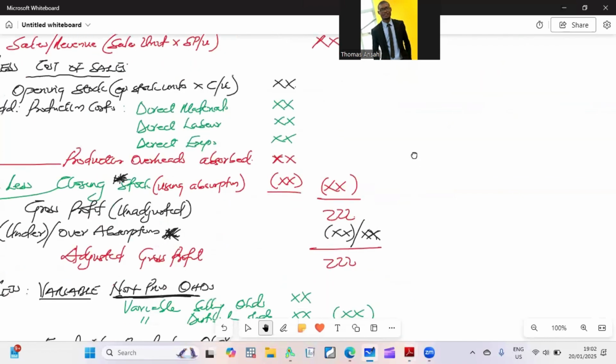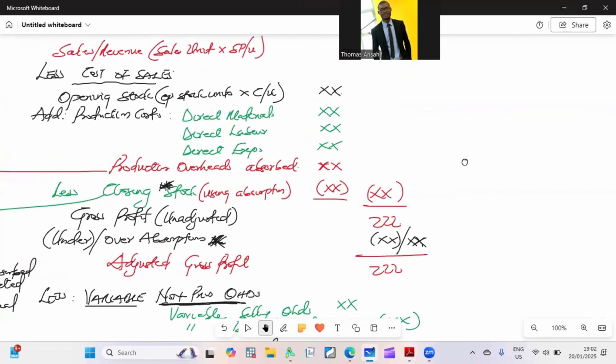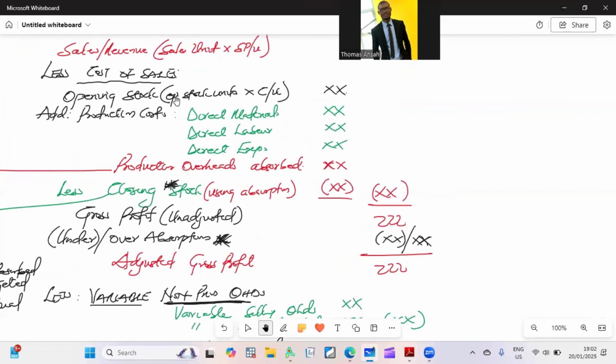So you start with your sales, less cost of sales. For the cost of sales, you start with opening stock, add your direct or prime cost, and absorb the overheads into it. Now the overhead is production overhead, so it doesn't matter whether fixed or variable. We say production overhead, so it means both of them, fixed production and variable production.